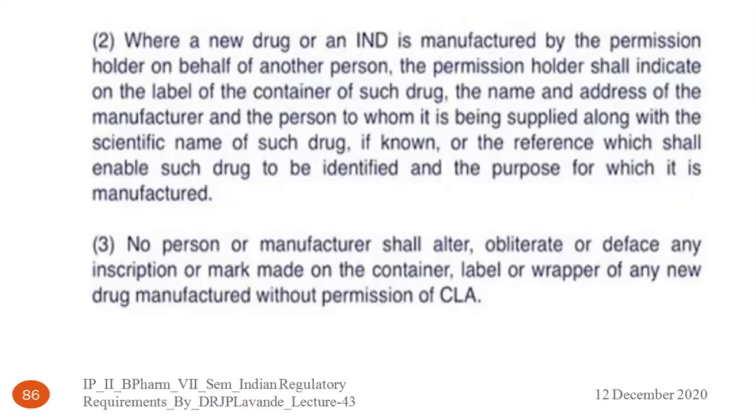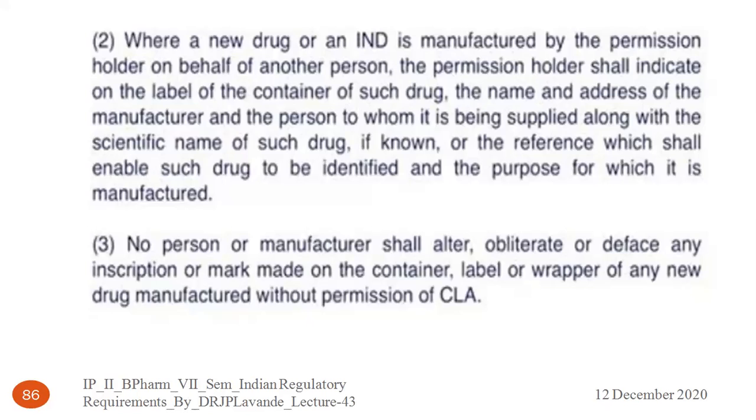Where a new drug or an IND is manufactured by the permission holder on behalf of another person, the permission holder shall indicate on the label of the container of such drug the name and address of the manufacturer and the person to whom it is being supplied, along with the scientific name of such drug if known, or the reference which shall enable such drug to be identified and the purpose for which it is manufactured.